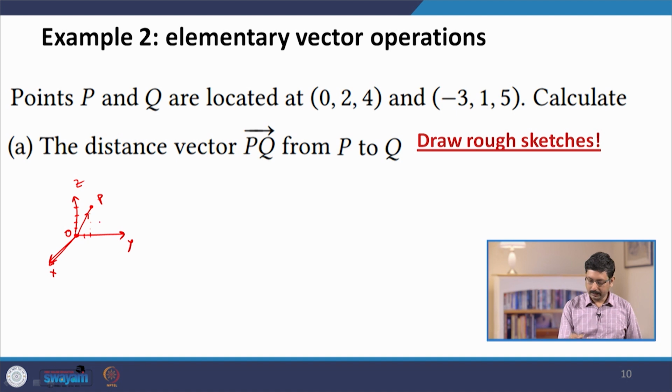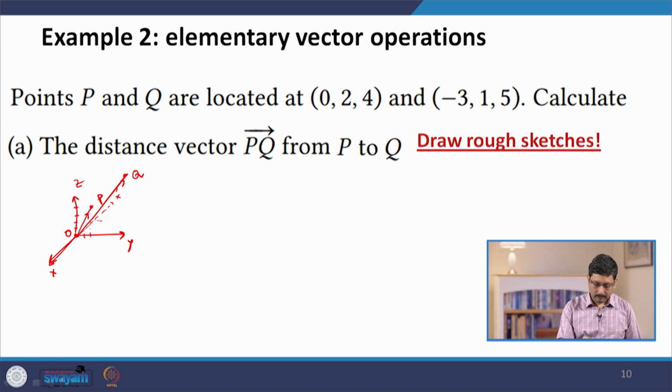Similarly, so minus 3, so that is on the other side inside the screen, and 1. So, you have to go 1 step along the y direction and then 5 step along the z direction. So, point Q will be located somewhere in here. So, remember this is in 3D plane. So, something like this.